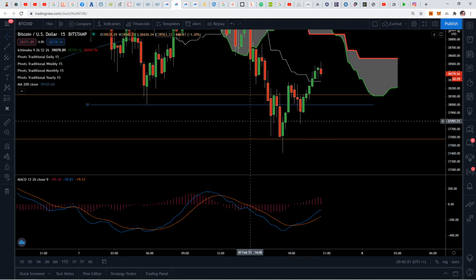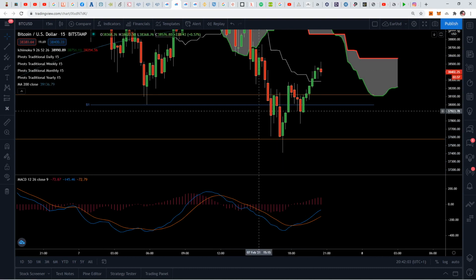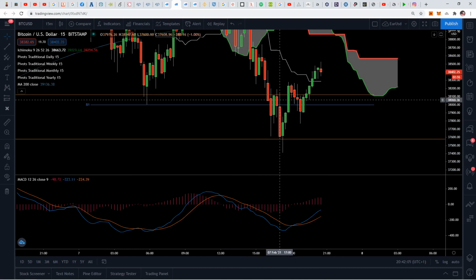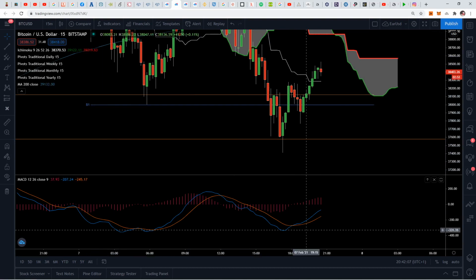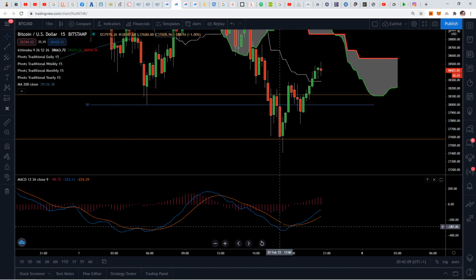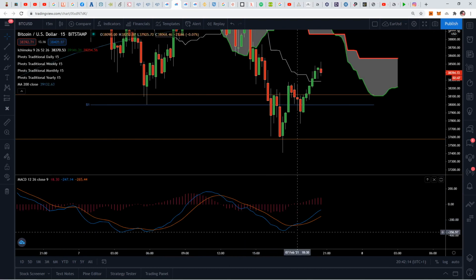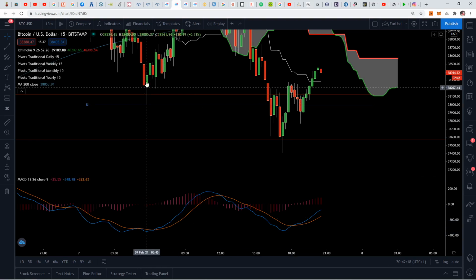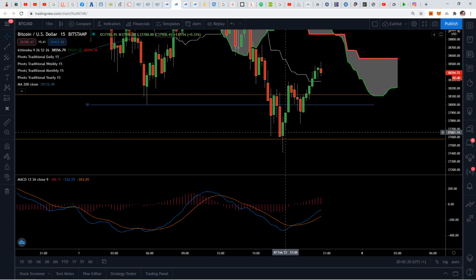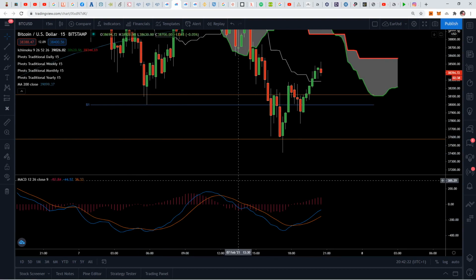So we're lacking participation, we're lacking strength here. The bears are running out of steam, as we say, and that's reflected in this divergence. It could be sharper, but it's still a divergence. So this could actually be the end of the correction right here.